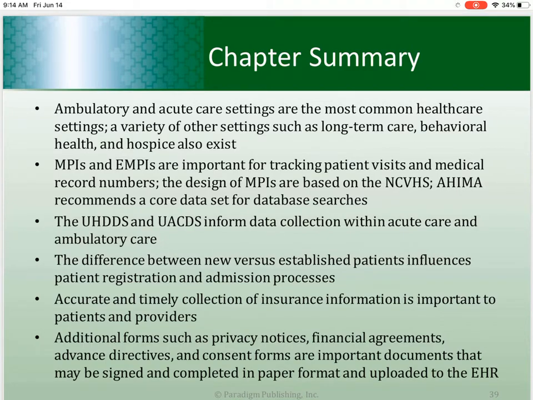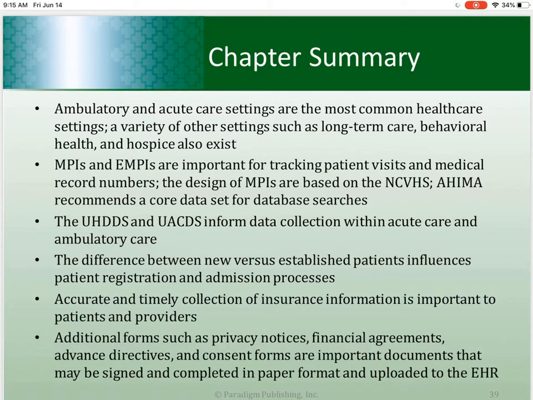So ambulatory and acute care settings are the most common healthcare settings. We do have other settings which we looked at: long-term, behavioral, hospice, etc. MPIs and eMPIs are important for tracking patient visits and medical record numbers. The design of MPIs is based on the NCVHS.